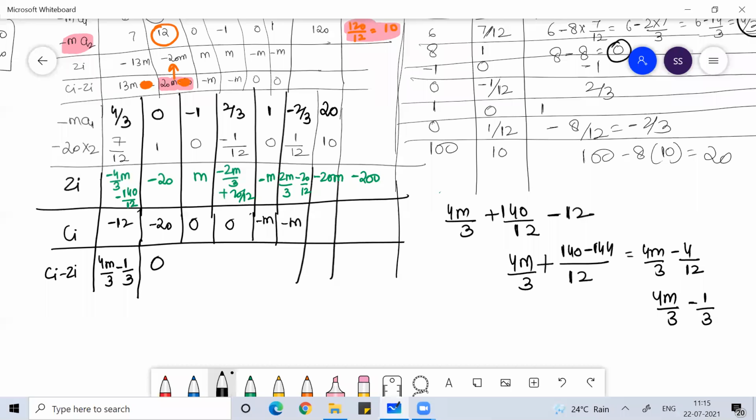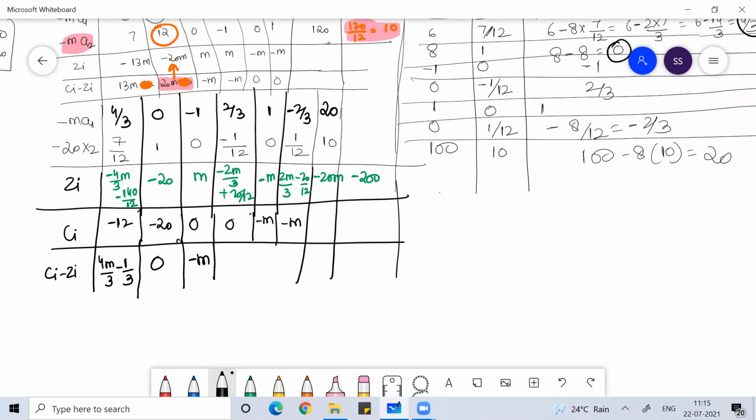Then Ci minus Zi, this is 0. This is minus m. Then this is 2m by 3 minus 20 by 12. Correct. So this is 2m by 3 minus 5 by 3. This is 0.